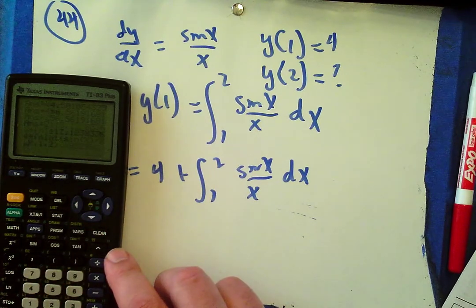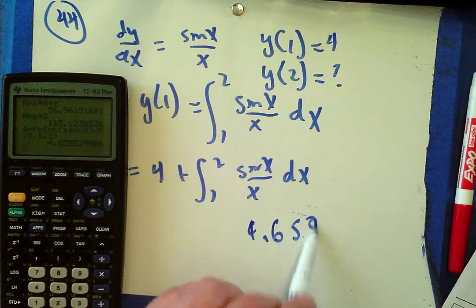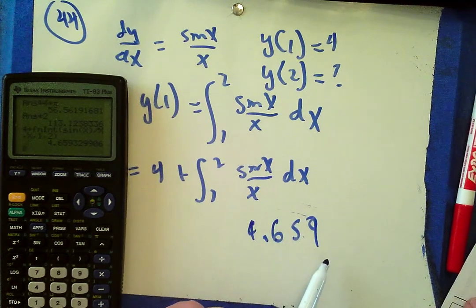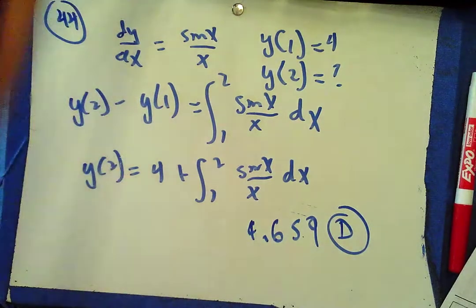Okay. And I get 4.659. That's choice D for number 44.